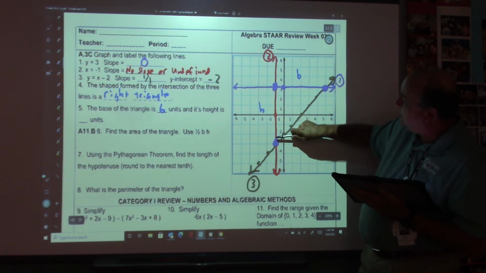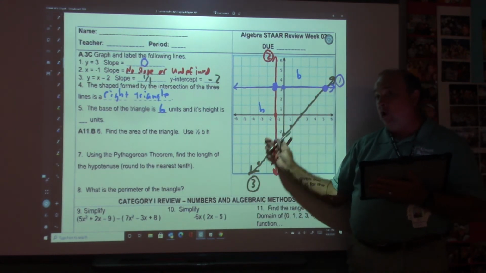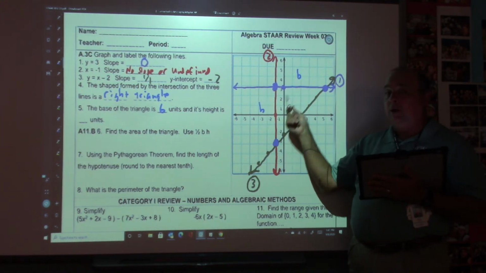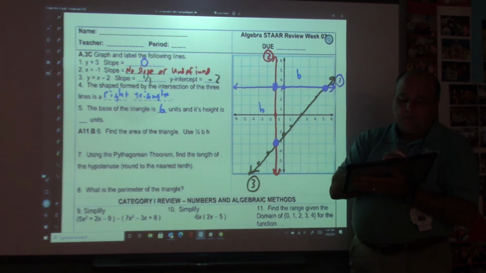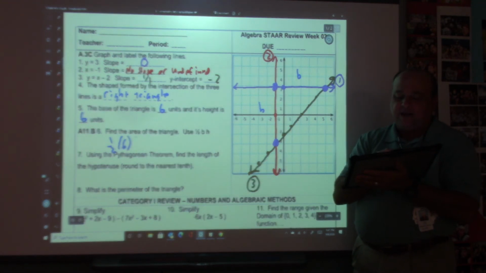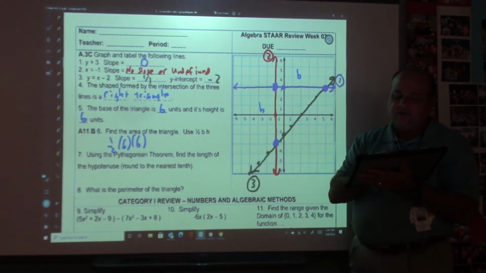Also, my height, if you look at your height, 1, 2, 3, 4, 5, 6. So if your slope is 1 and you got 2 lines that are flat and vertical, your base and height will be the same. Now then, to get the area, remember we do 1/2 times 6 times 6. So 6 times 6 is 36, half of 36, that's going to be 18.